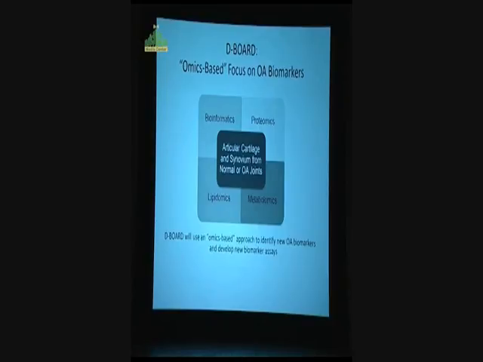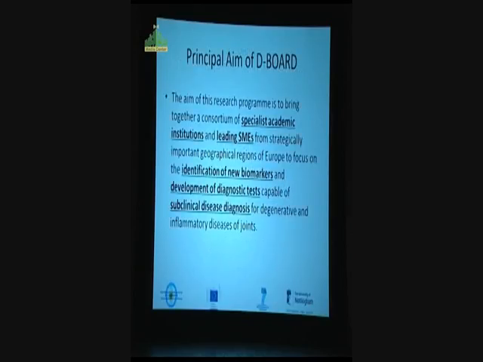They awarded us 6 million euros, and it's an omics-based approach. We have proteomics, lipidomics, and metabolomics, all focusing on articular cartilage and synovium from normal and osteoarthritic joints. And we have bioinformatics in there as a core to make sense of the data.